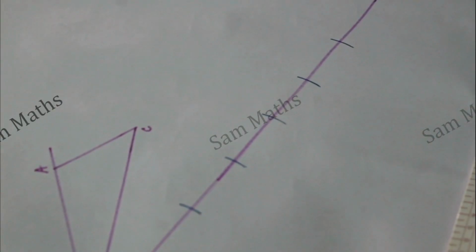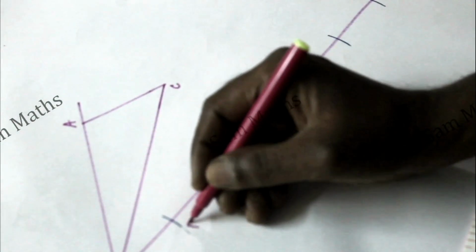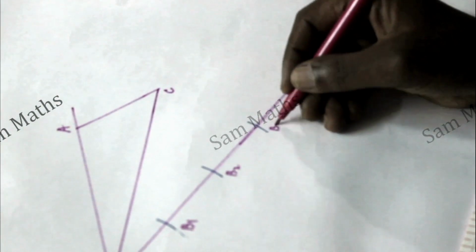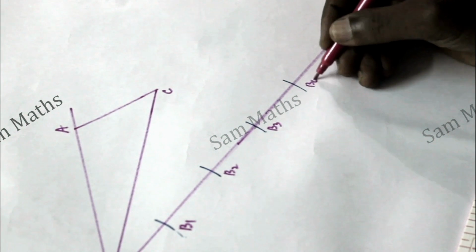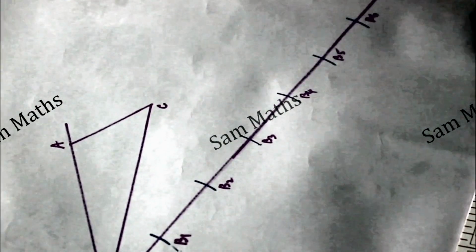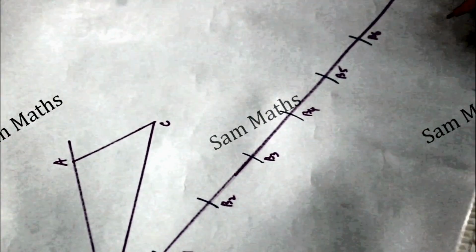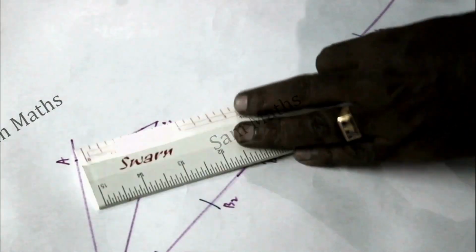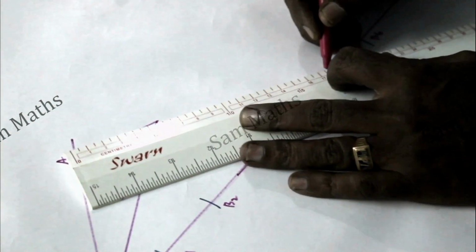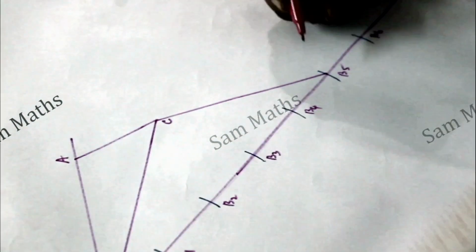Okay children, this is B1, B2, B3, B4, B5, B6. Now you can join B5 and C. B5 and C. Right children.